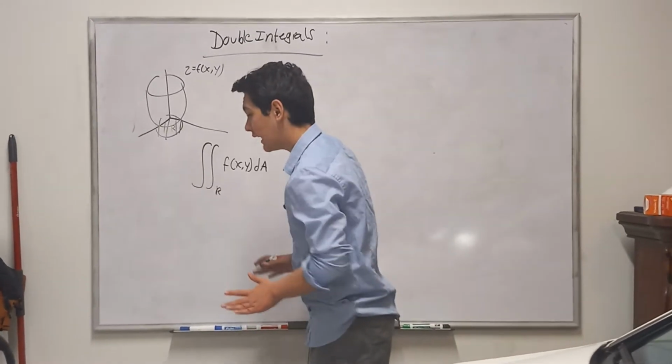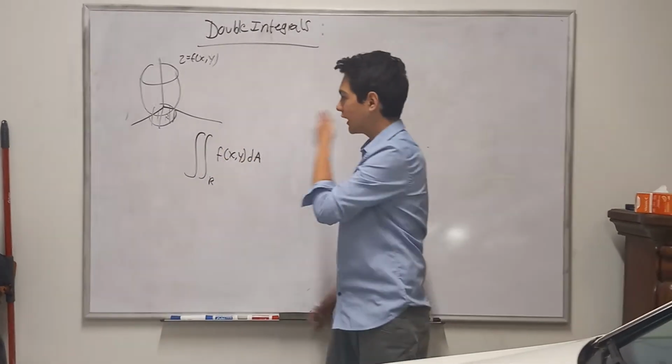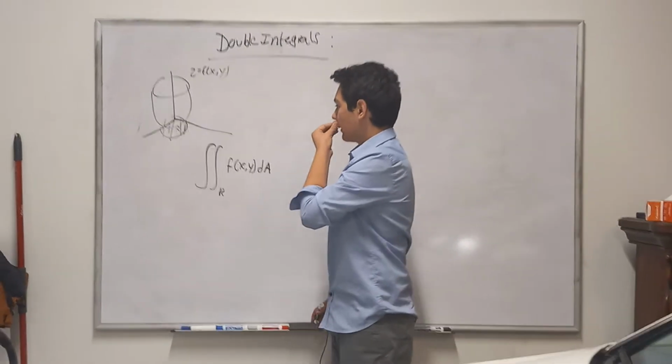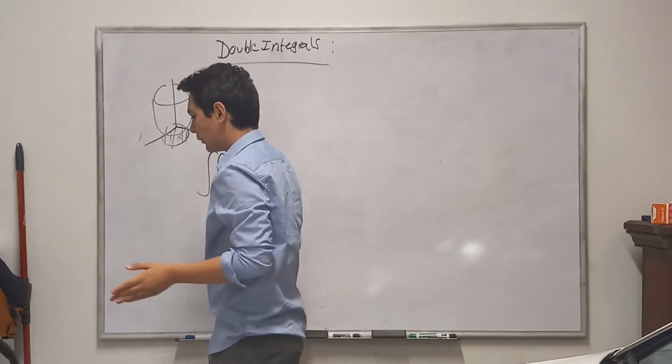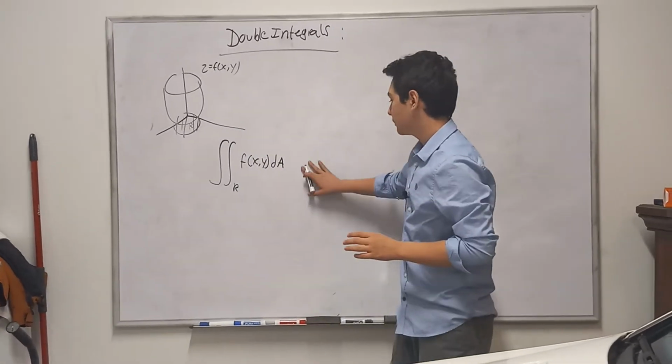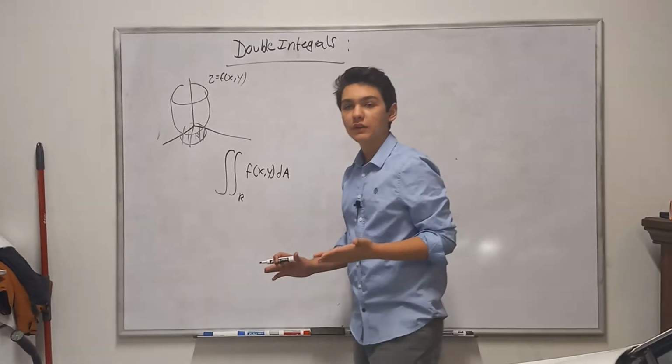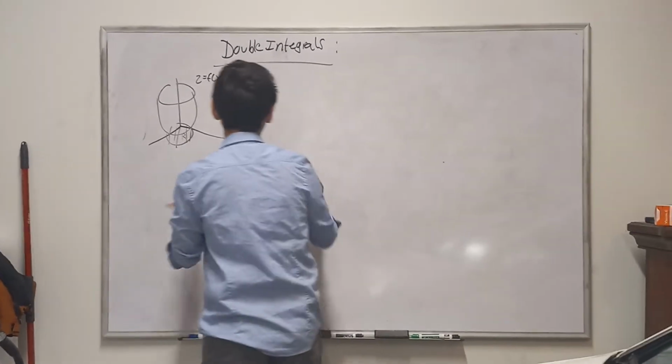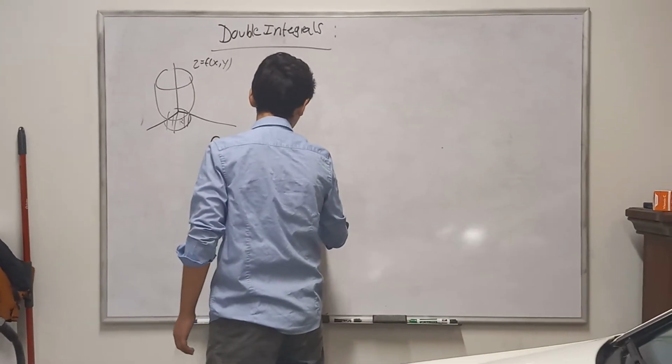Well, this dA is a piece of area inside of the region. I'm not going to go into the full derivation, but this dA is just split up into dy and dx. I'll make a quick little picture here.